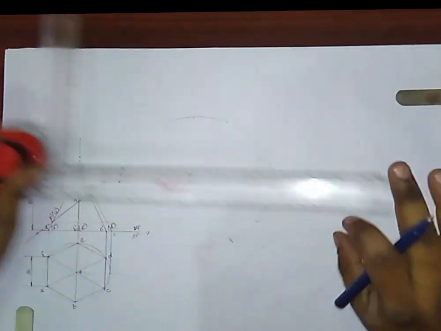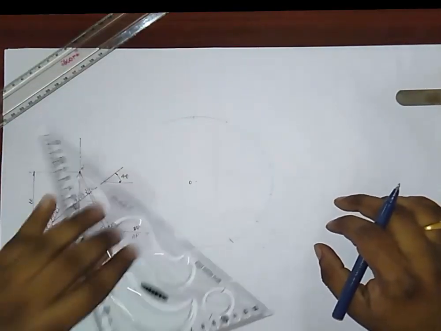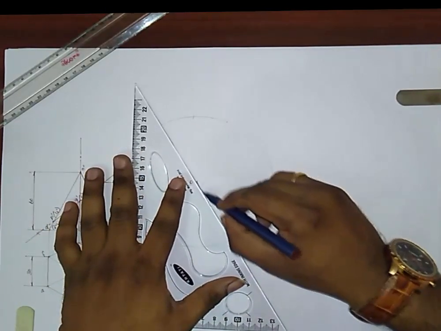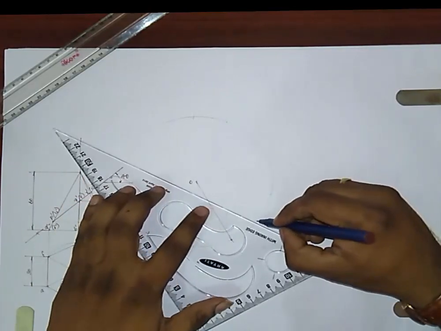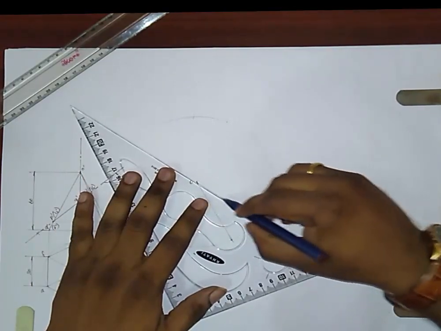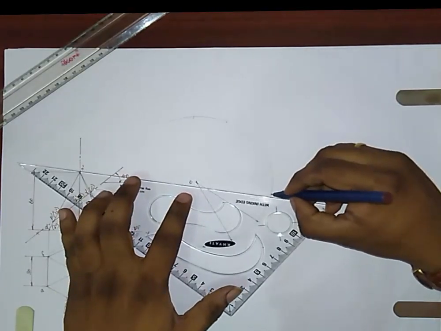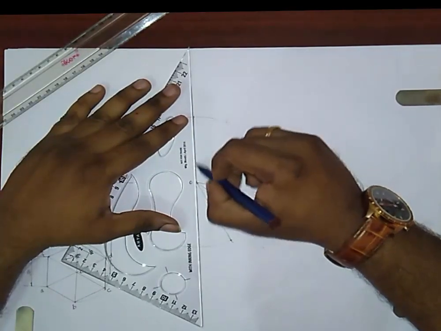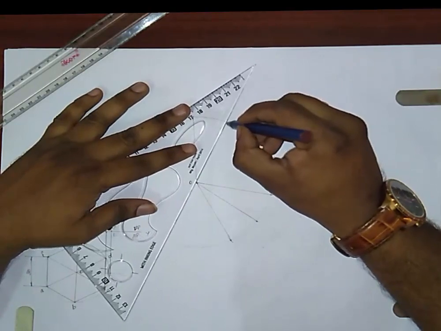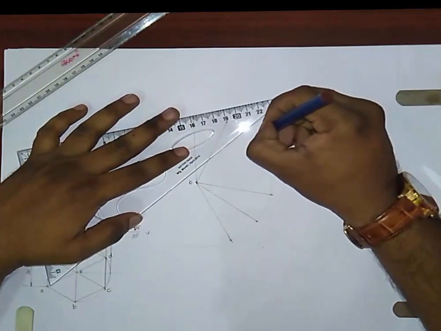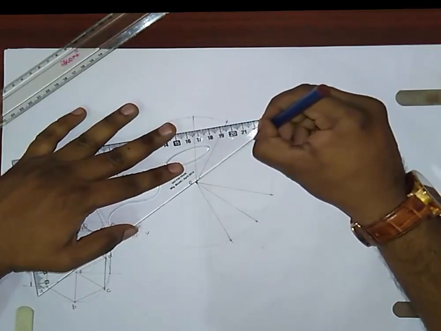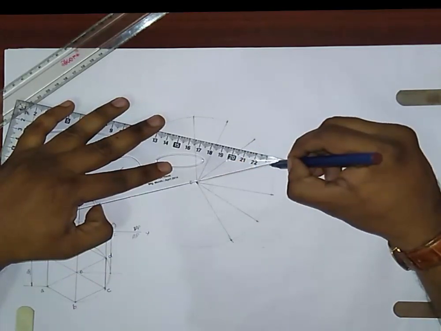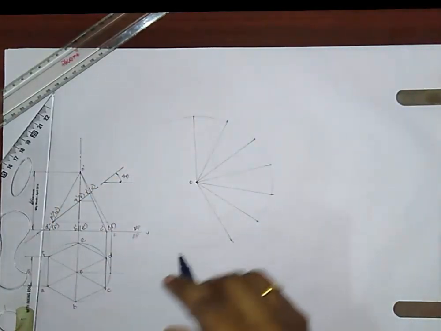Now you have to join all those points to point O. Like this. This is your developed view before the cutting plane cuts the pyramid.